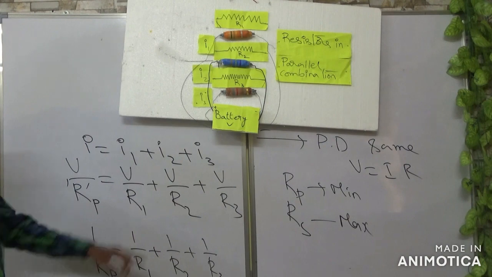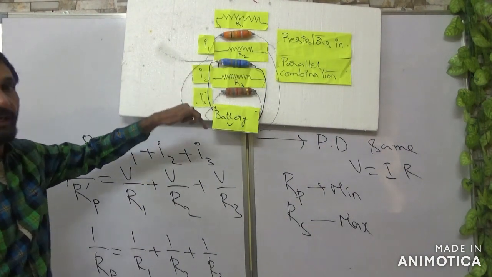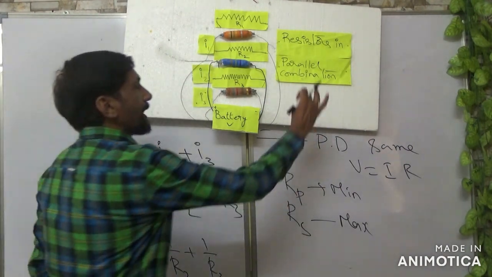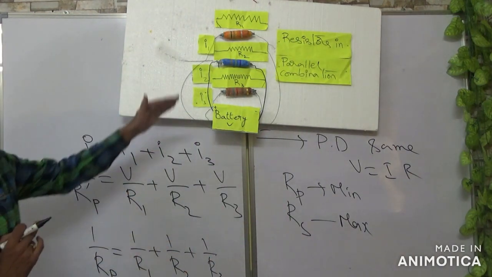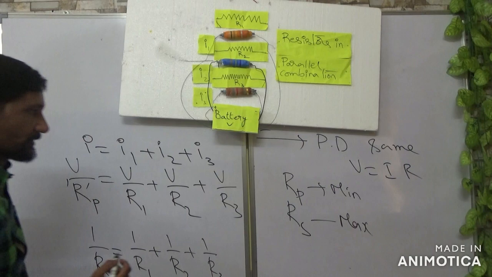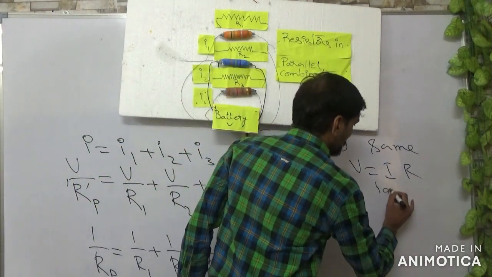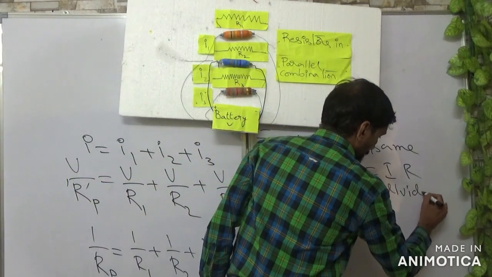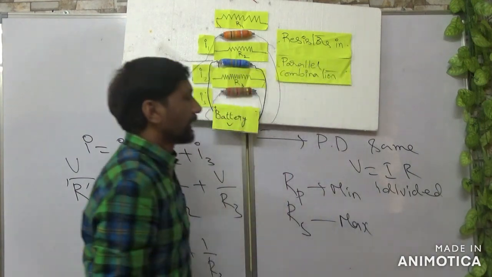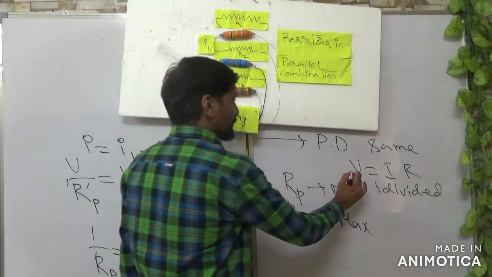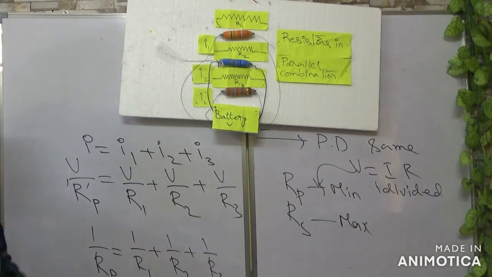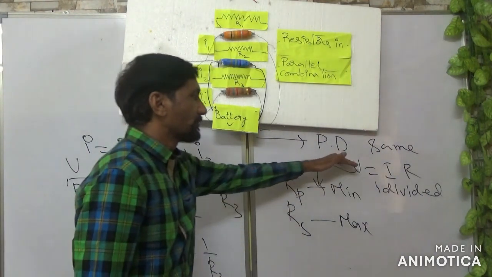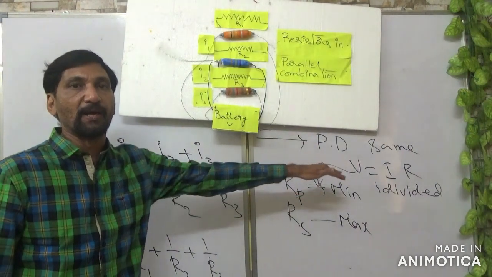So remember, whenever you join resistors in parallel combination, current is divided and potential difference remains same. So in case of parallel combination, V remains same and I is divided.